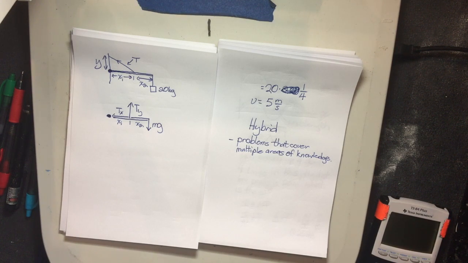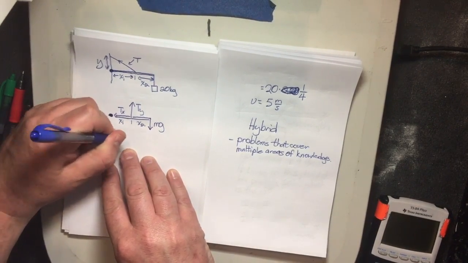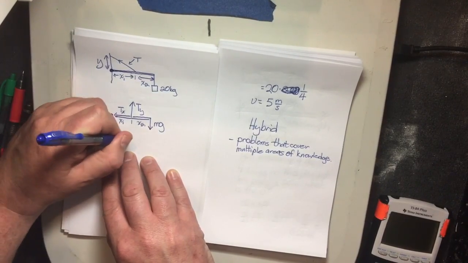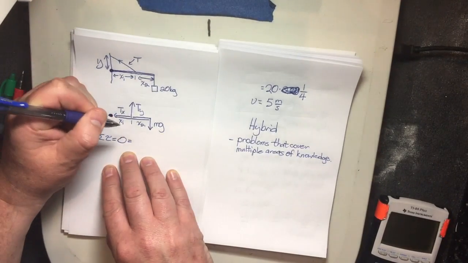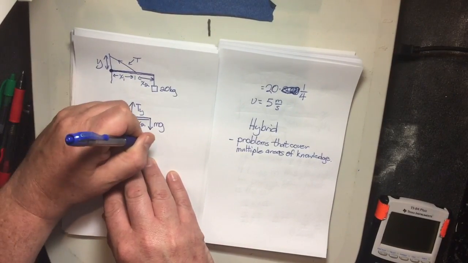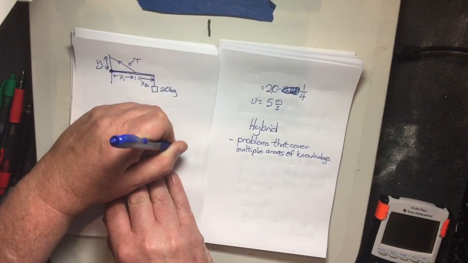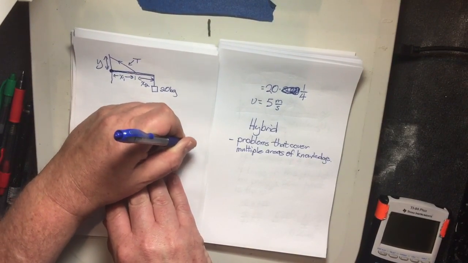So when we do our sum of the torques is equal to 0, Ty x1 and mg (x1 plus x2).